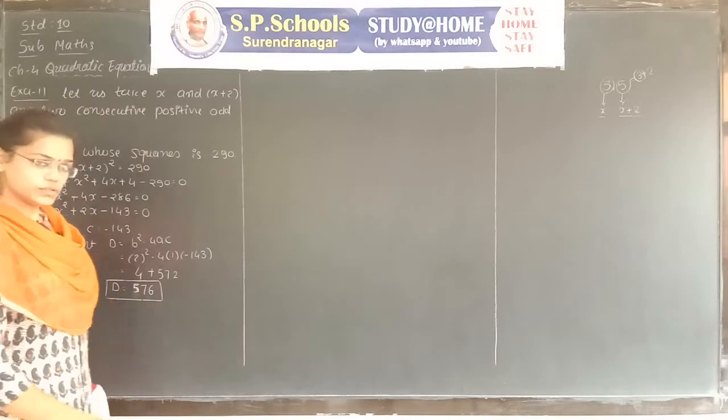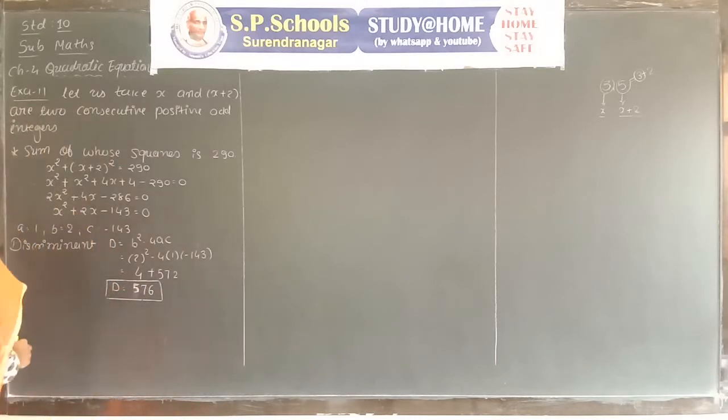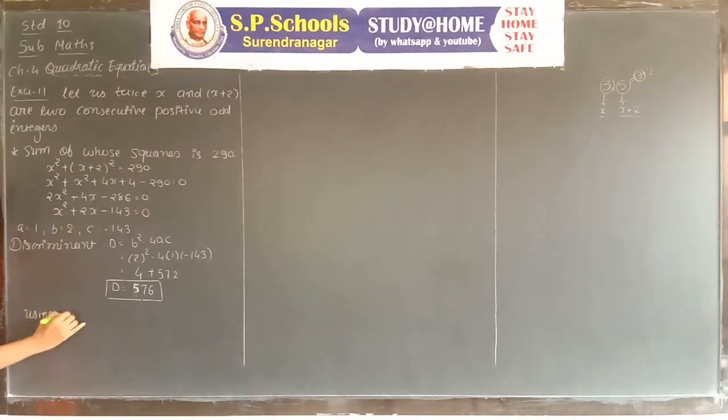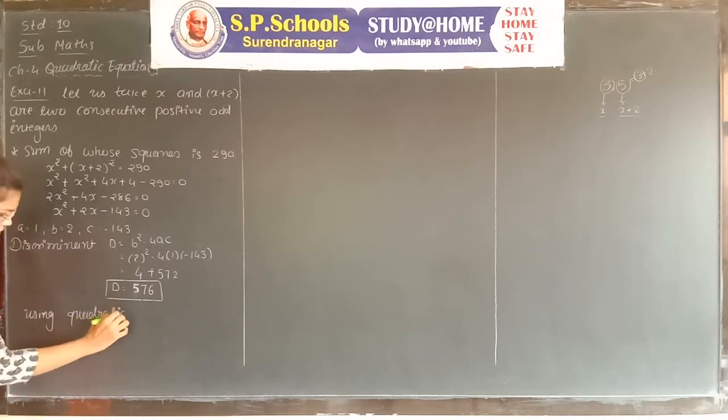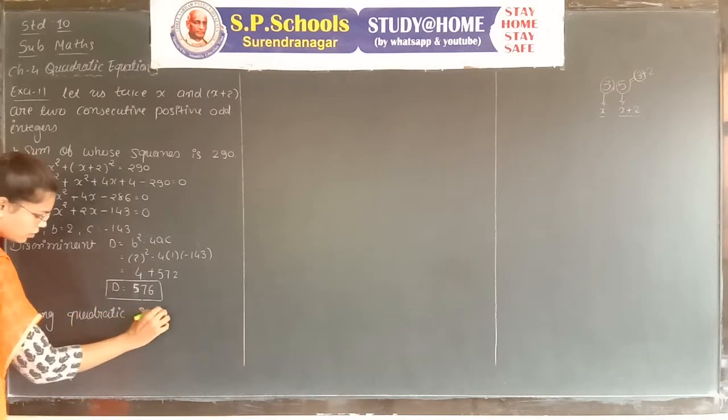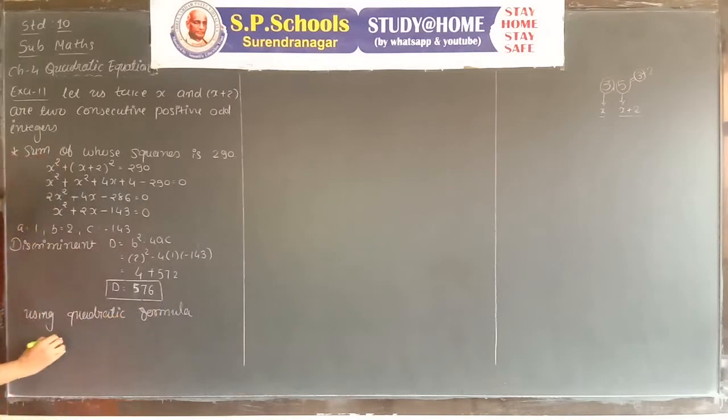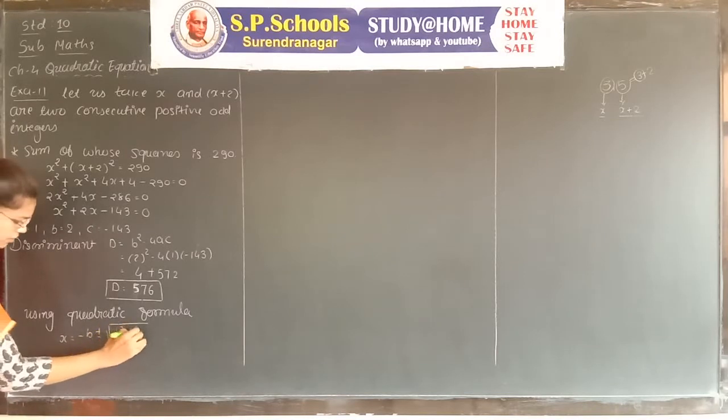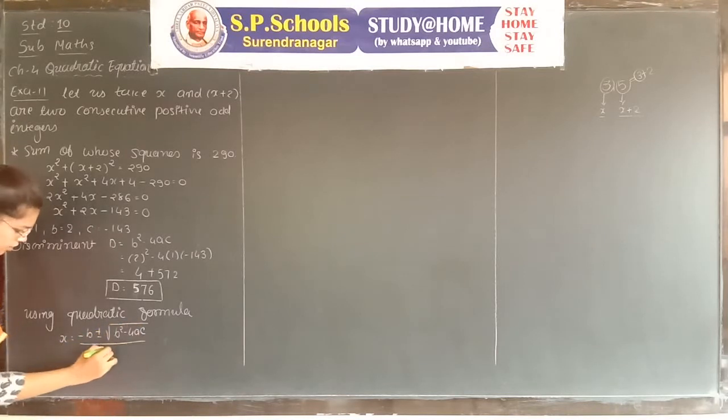576 is used in the quadratic formula to solve for the value of x. X is equal to minus b plus or minus square root of b square minus 4ac upon 2a.